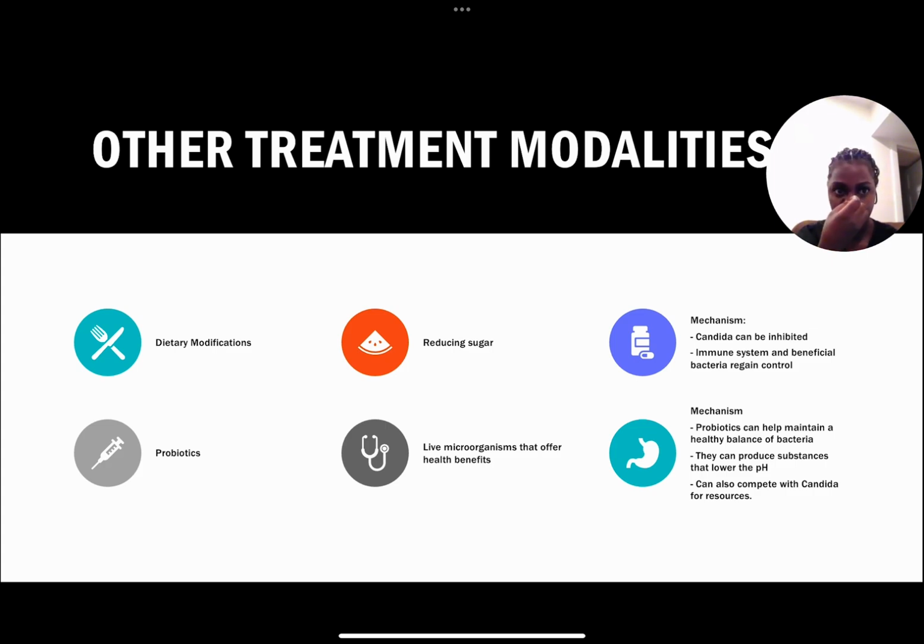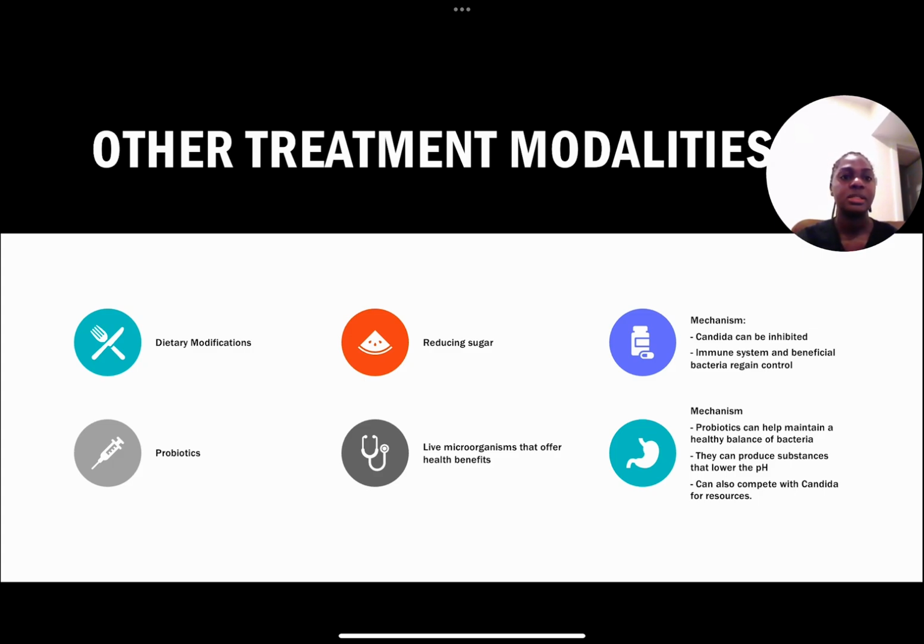And taking some probiotics. Probiotics are live microorganisms that can confer health benefits, particularly in restoring the balance of gut flora.